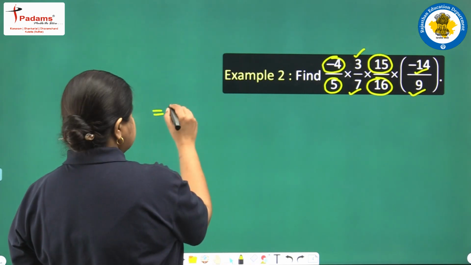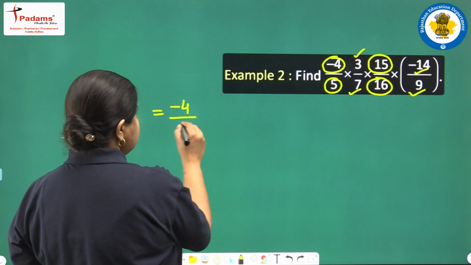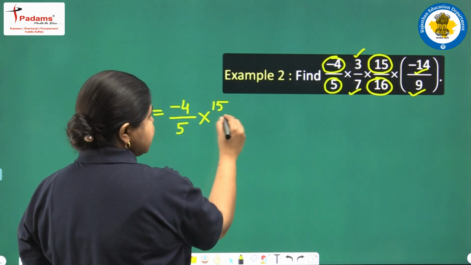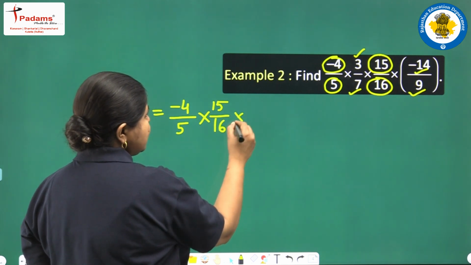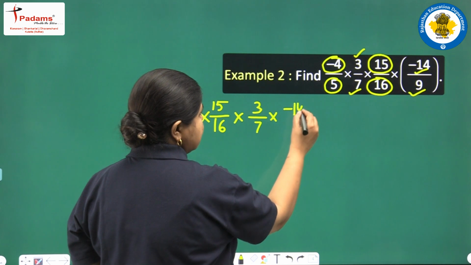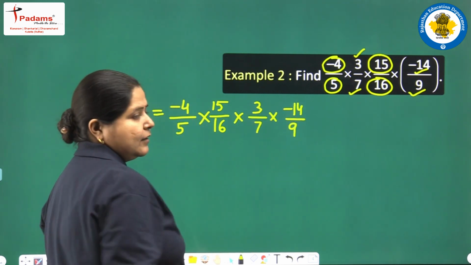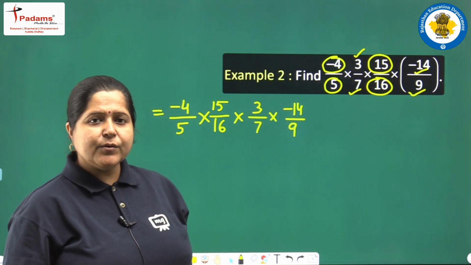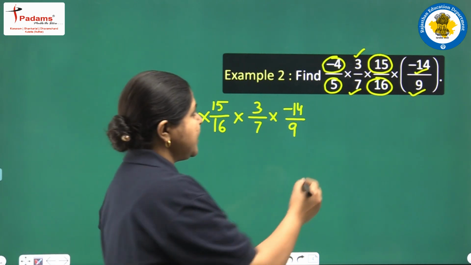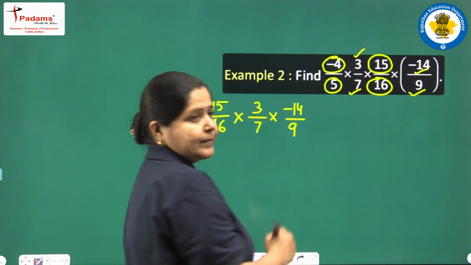We should write it in this way: minus 4 by 5 into 15 upon 16 into 3 by 7 into minus 14 upon 9. Which properties have been used here? First is commutativity, because we have changed the middle term order.